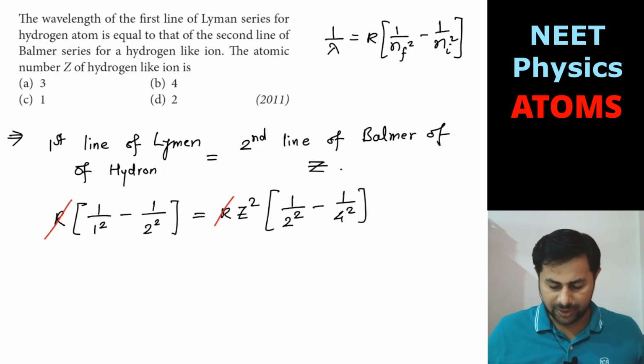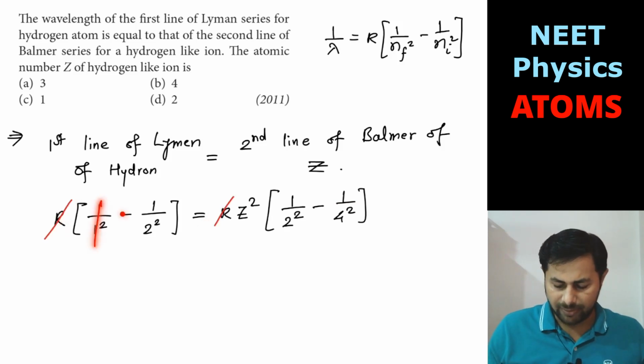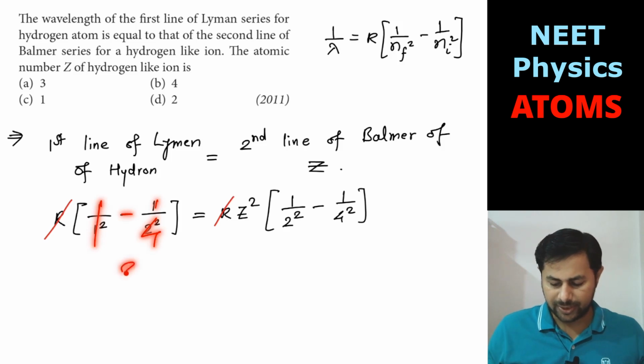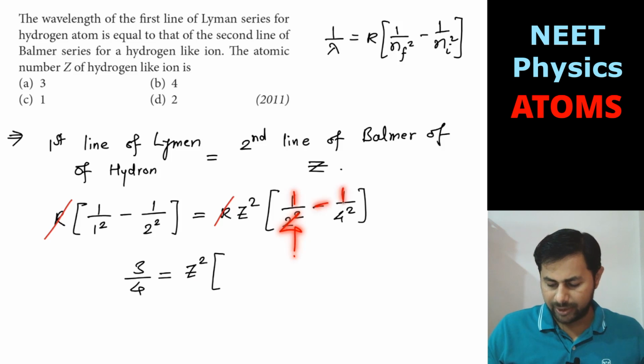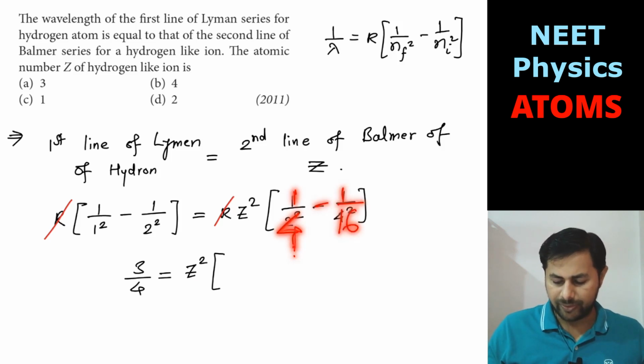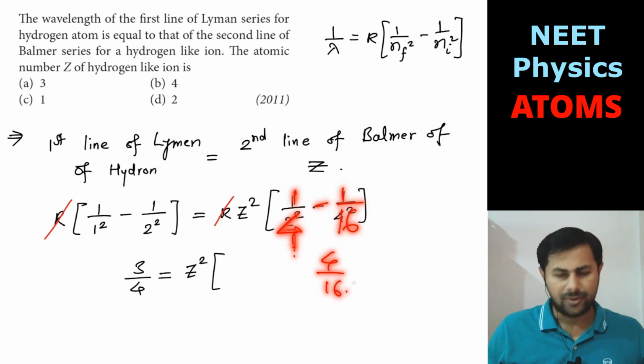This is very simple. This is 1 minus 1 by 4, so that's 3 by 4. So 3 by 4 is equal to Z square times 1 by 4 minus 1 by 16. Okay, so 1 by 4 means 4 by 16.